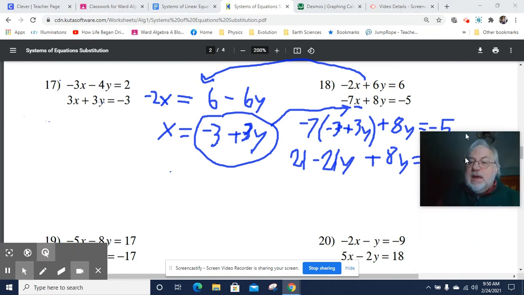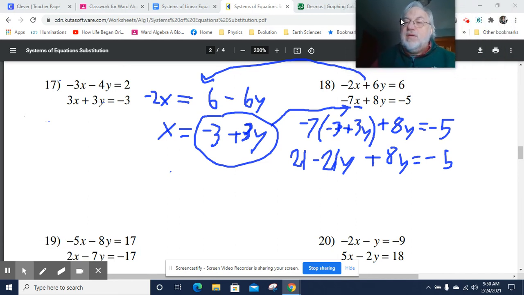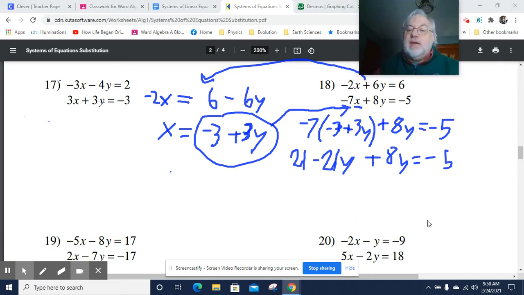I'm going to move my face up here. Okay. So now, let's go back and keep going. So I'm going to combine my like terms. Negative 21y and 8y is going to be negative 13y. Okay, so there's a negative 13y here.